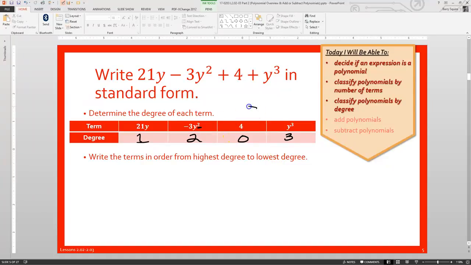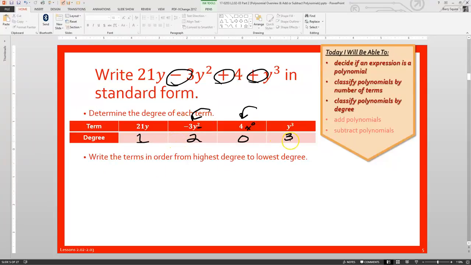This is the one we had a question about, because we could actually write this 4 as 4 times x to the 0, because x to the 0 is 1, and 4 times 1 is 4. So that's why this is a 0 degree monomial. And now we just want to write these in order from highest degree to lowest degree. We also want to make sure that we pay attention to the signs. That's why I wrote this as a negative.